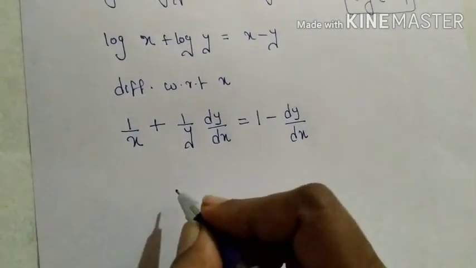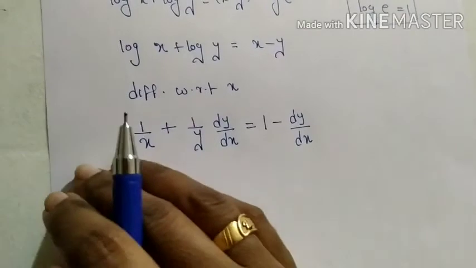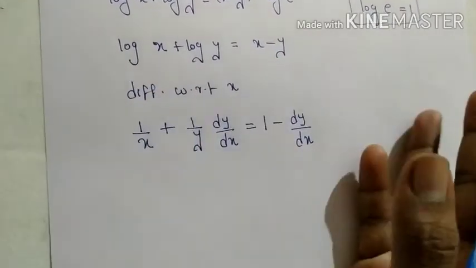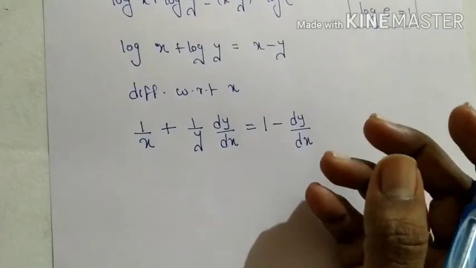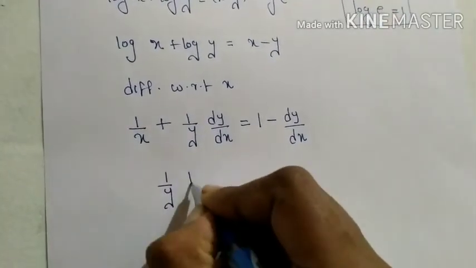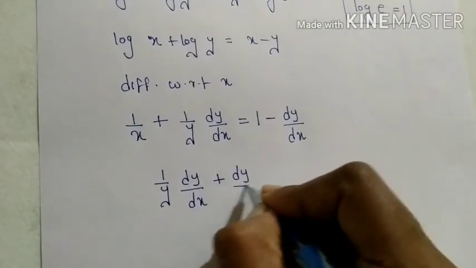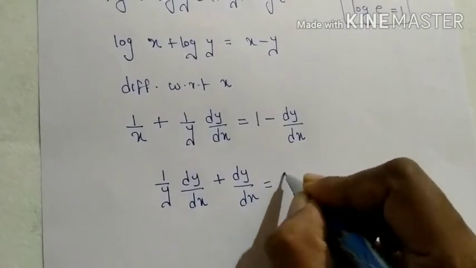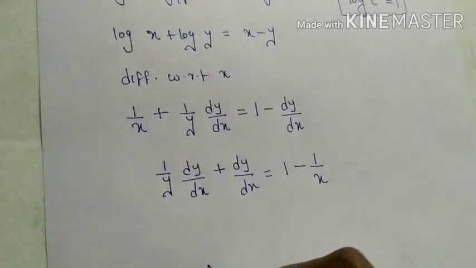Okay, we need only dy by dx. So taking this 1 by x to RHS and all the dy by dx terms to LHS, we get 1 by y dy by dx plus dy by dx equal to 1 minus 1 by x.